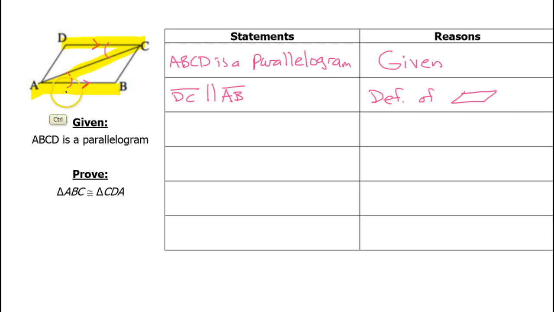And if the lines are parallel, these will be congruent. So angle DCA should be congruent to angle BAC, and that's because of the alternate interior angles theorem.